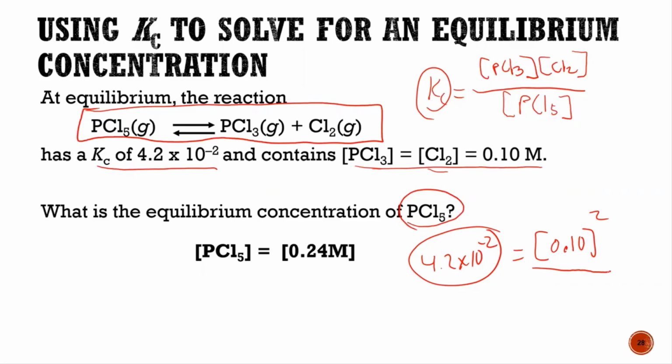And then on the bottom, I'm looking for phosphorus pentachloride, that's my X. So then I can just switch these two up and I get X equals 0.10 molar squared, because both of them are that, divided by 4.2 times 10 to the minus 2. And I would get that value.